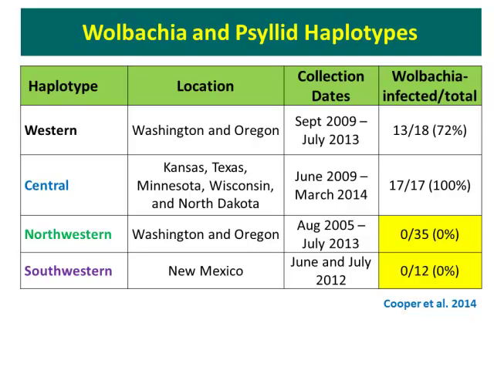We found that 72% of the western haplotypes were infected with Wolbachia. In the central haplotype, 100% of the psyllids were infected with Wolbachia. But for the northwestern and the southwestern, none of the psyllids were infected with Wolbachia.